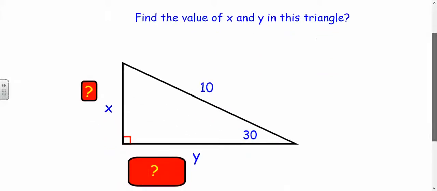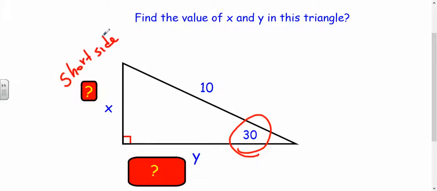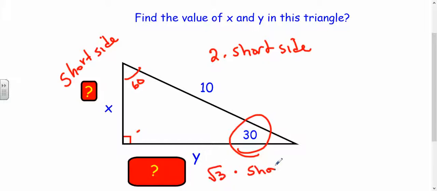And then this one, again, what triangle is this? 30, 60, 90. And the side opposite the 30 is our short side, right? And the side opposite the 90 is 2 times the short side. And the side opposite the 60 is the square root of 3 times the short side. Okay? So the short side is x.